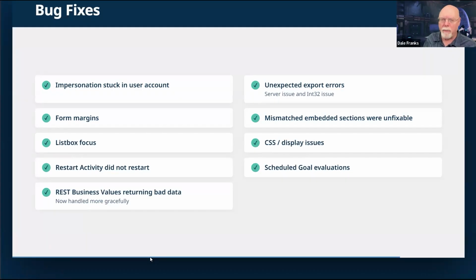And we were just popping up a very ugly error message that said, things have gone horribly, horribly wrong. The sky is falling. We now handle that more gracefully. So we let you know in a more graceful way that there's some issue with your REST call. It's either not returning the expected XML or JSON data, or it's just not returning anything. And so we handle that now more gracefully.